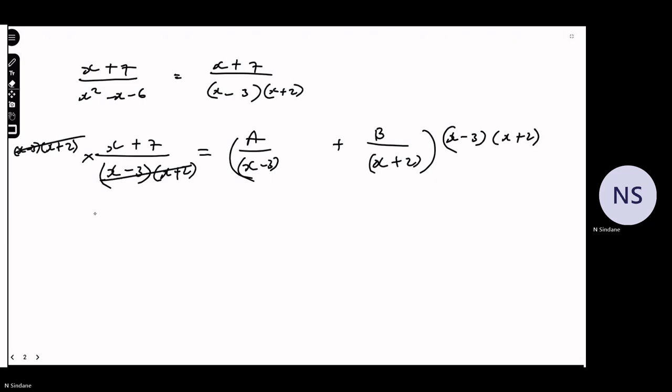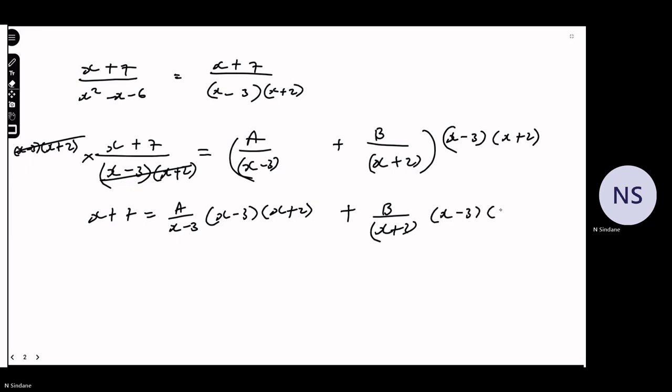You'll be left with x plus 7 is equal to a over (x minus 3) times (x minus 3)(x plus 2), plus b over (x plus 2) times (x minus 3)(x plus 2).